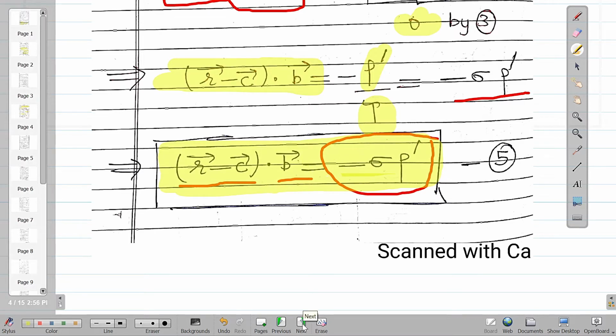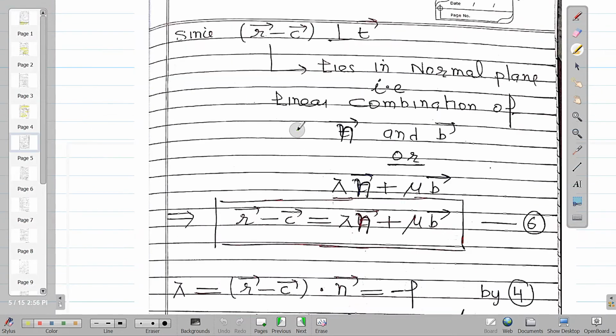Now after that, since we know that the r minus c vector is perpendicular to t, because we proved that this dot product is equal to 0, it lies in the normal plane.